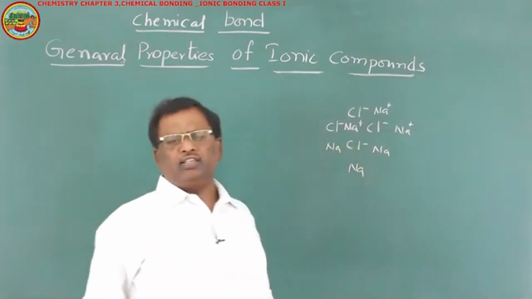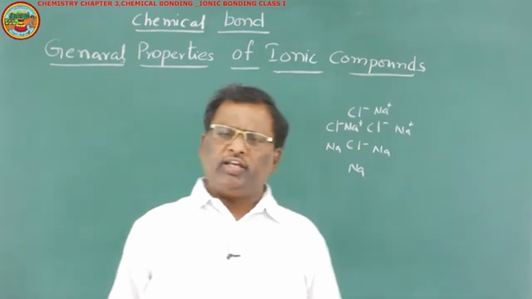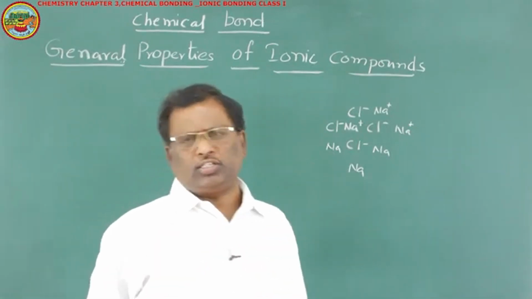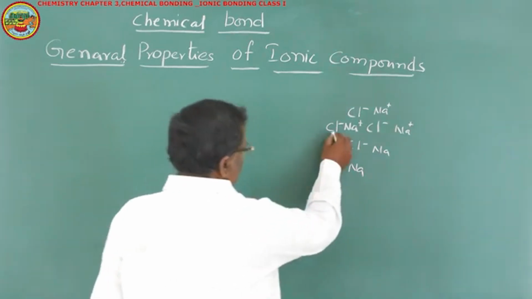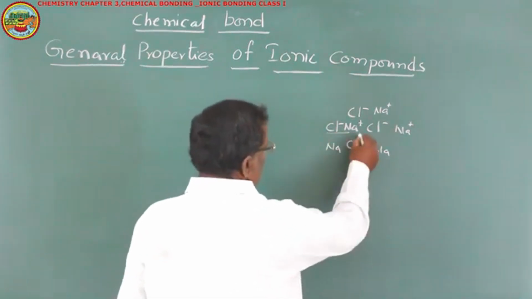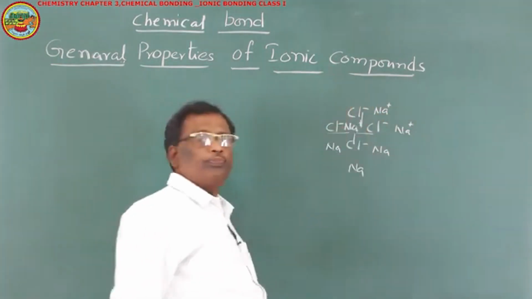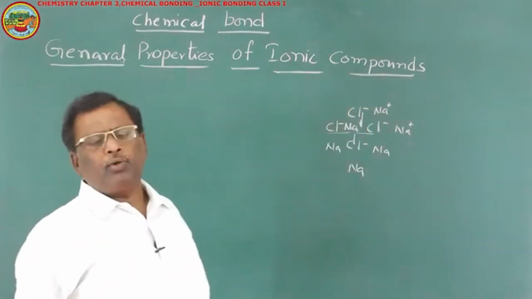So each ion is surrounded by oppositely charged ions. No specific bond is formed between any two oppositely charged species, because there is a possibility of bond between these two, and this and the backside also. So there is no specific bond.